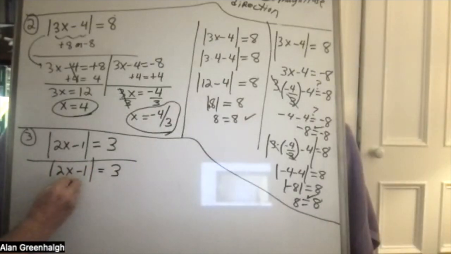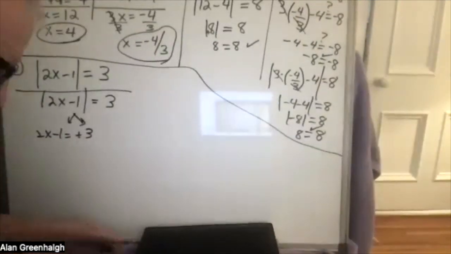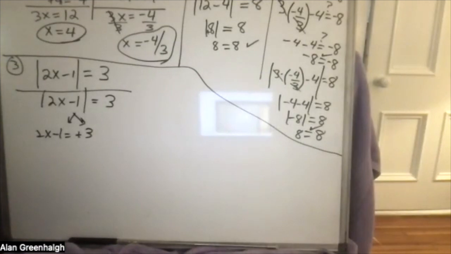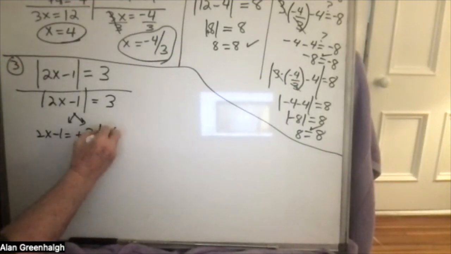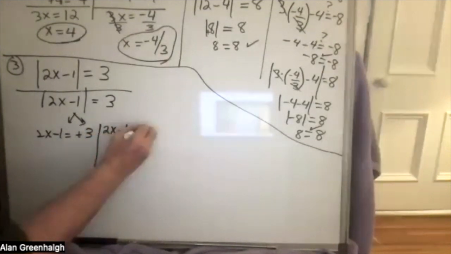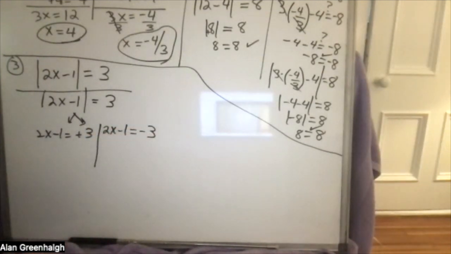Okay, so from here we go in 2 directions. We go 2x minus 1 equals positive 3. And 2x minus 1 equals negative 3. That's the next step. And from here, you solve the equation.